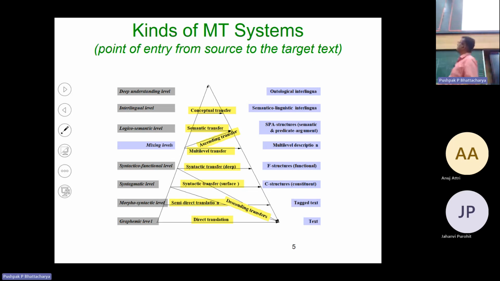Okay. So you see, if you're going up the left-hand side, you have the morphosyntactic level and the syntagmatic level. Have you operated at the syntagmatic level? You did that part of speech tagging assignment. Right.